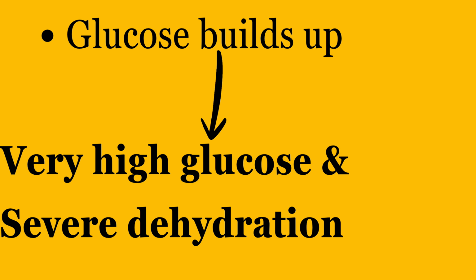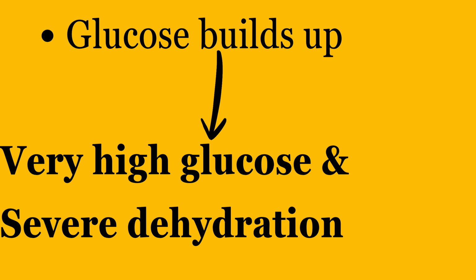And in extreme hyperglycemia, which means the blood sugar is very, very high, what do you think would happen to the other symptoms? It means there will be severe dehydration because the blood sugar is so high. The amount of sugar spilling into the urine will also be a lot higher. If it's a lot higher, the body will pull more water to try and dilute or balance the concentration of the urine.